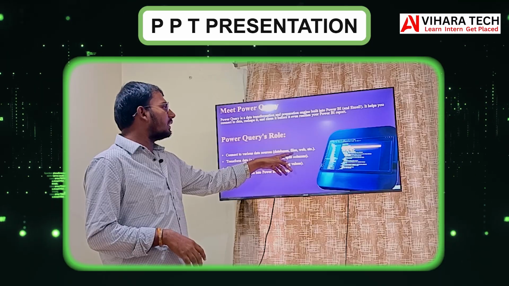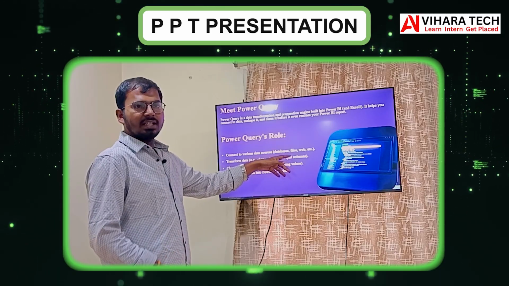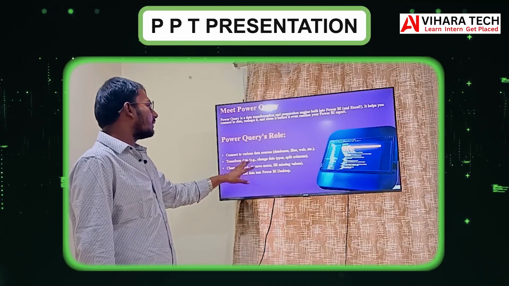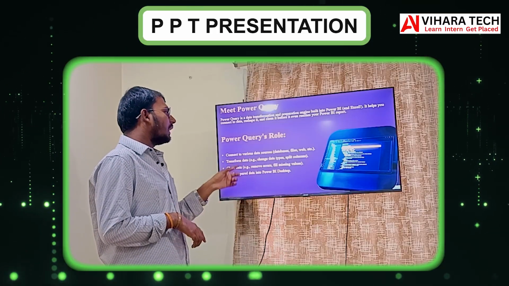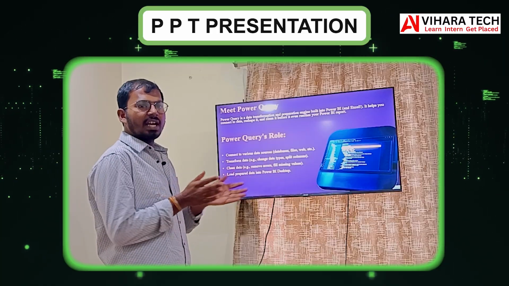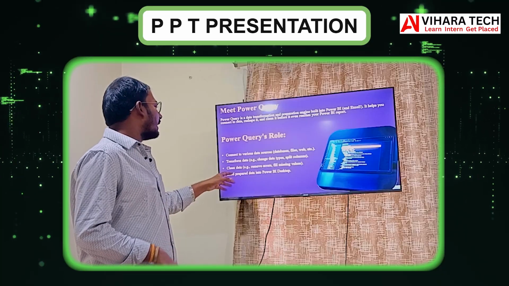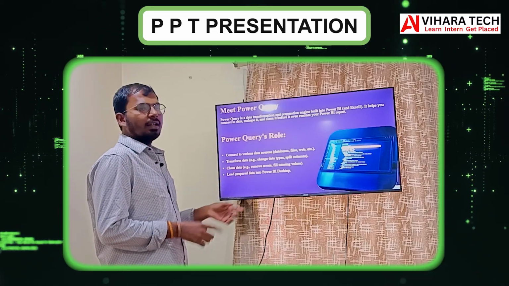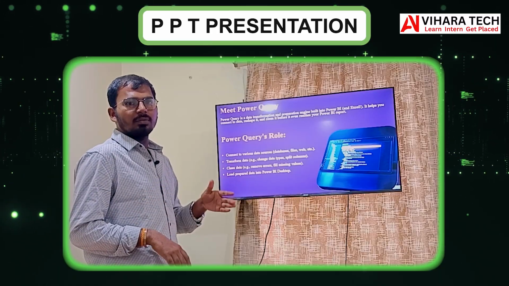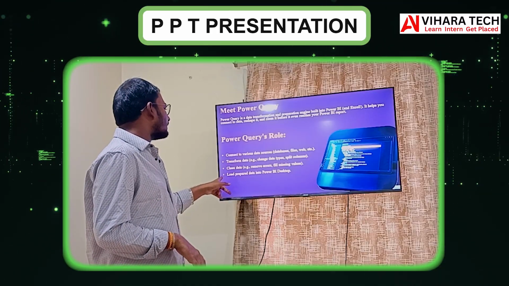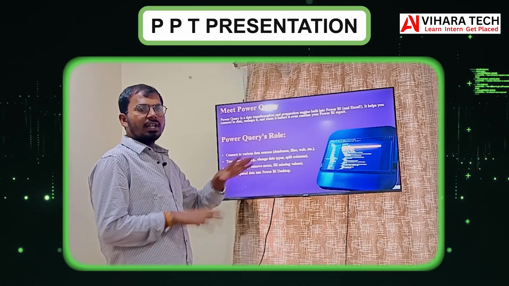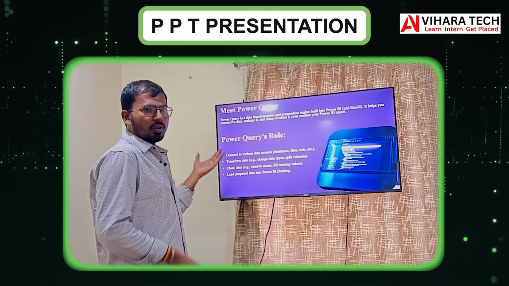That means we can get the data by web scraping, and then we have to transform it, that is, change the data types or apply transformations like splitting columns and adding columns. Next we have to clean the data. That means we remove null values, empty rows, and empty columns. The next step is to load the prepared data into Power BI. After cleaning the data, we load it to Power BI.